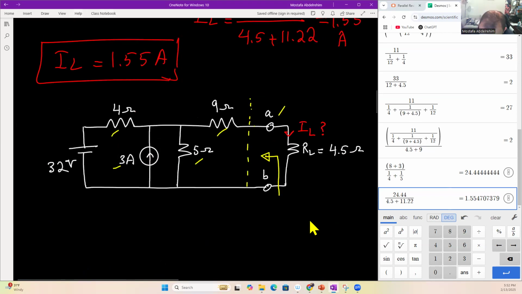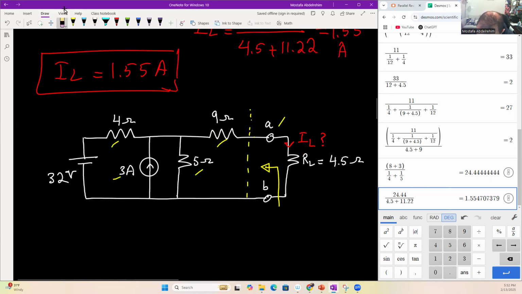Good. So let's first remove that stuff. I'm going to assume again the voltage here is V. This is a ground, guys. It's a given. I didn't draw it.